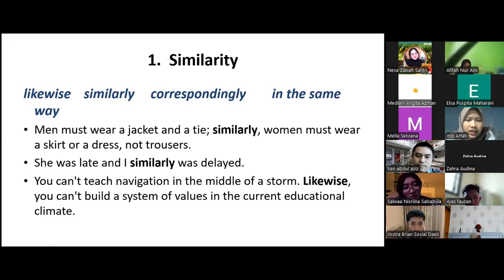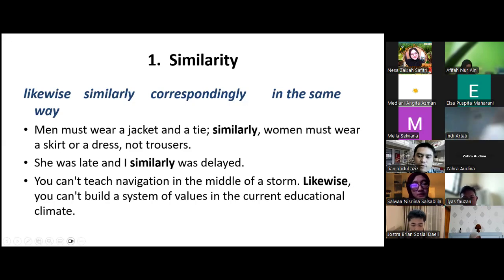You can't teach navigation in the middle of a storm. Likewise, you can't build a system of values in the current educational climate.